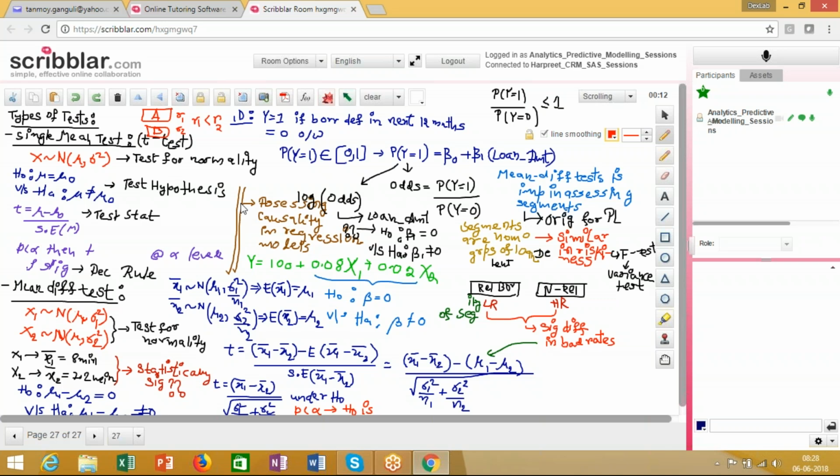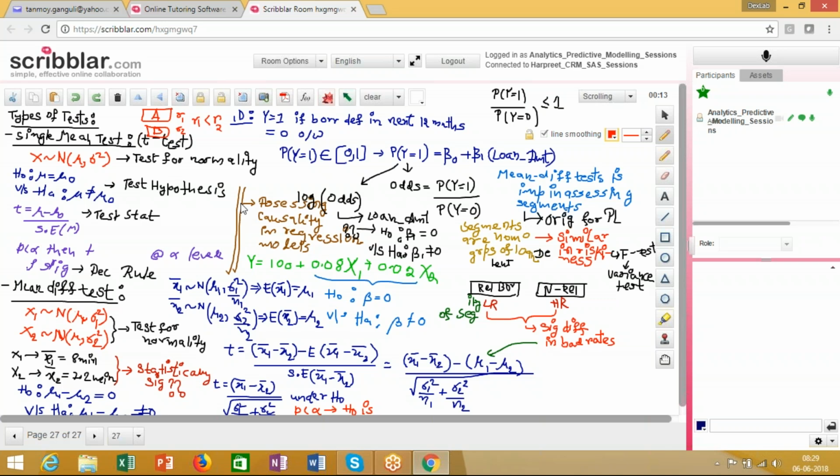Now there are different ways of performing this segmentation exercise. As we go ahead and talk about chi-square distributions and other distributions, and decision trees, we will come to that. But over here, let's first understand how I can implement mean difference tests to do this segmentation.